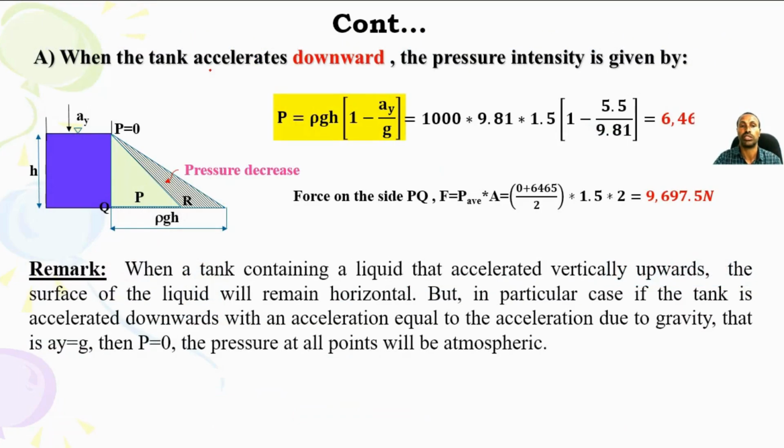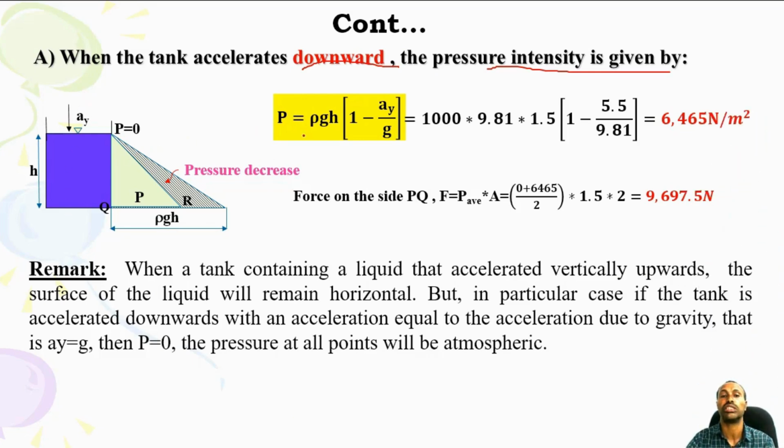What about when the tank accelerates downward? When the tank accelerates downward, the pressure intensity is affected just due to the downward motion. The acceleration is decelerating. From the initial rho g h, it will finally come to P. So rho g h times 1 minus acceleration a y over g.